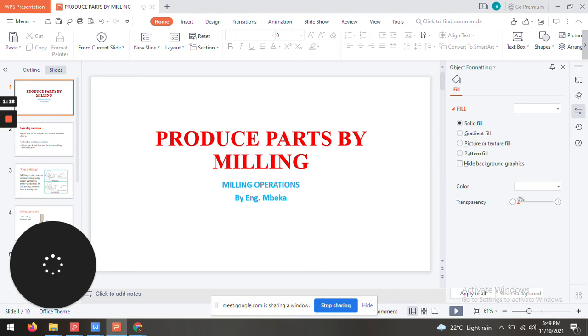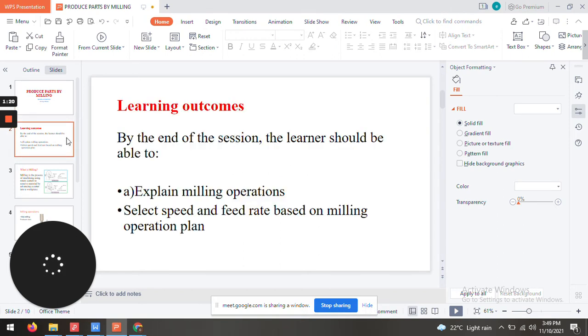So we are doing milling. The specific objectives, as I said, the learning outcomes. By the end of this session, the learner should be able to explain the milling operations, select speeds and feed rate based on their milling operation plan.